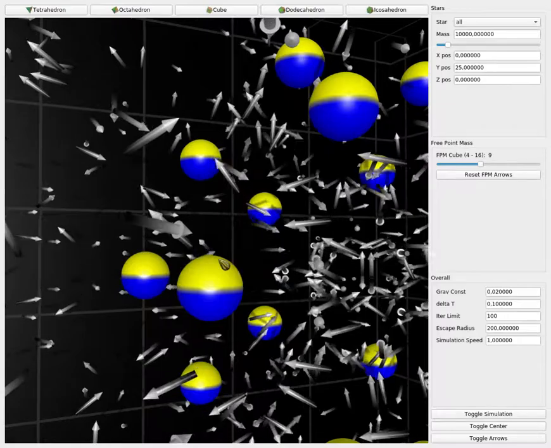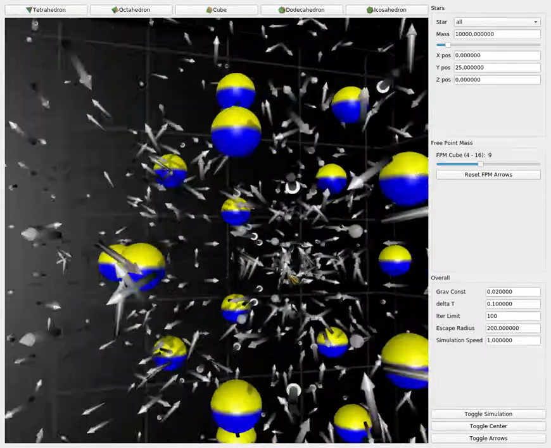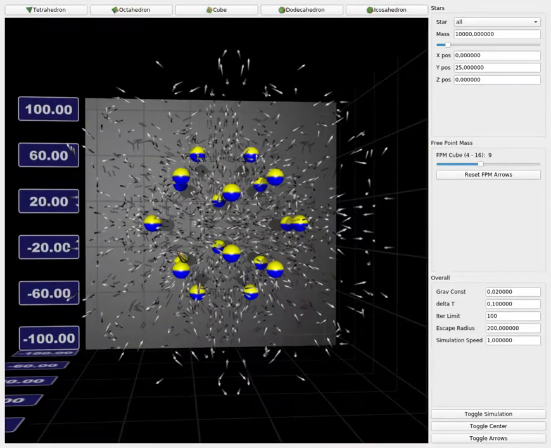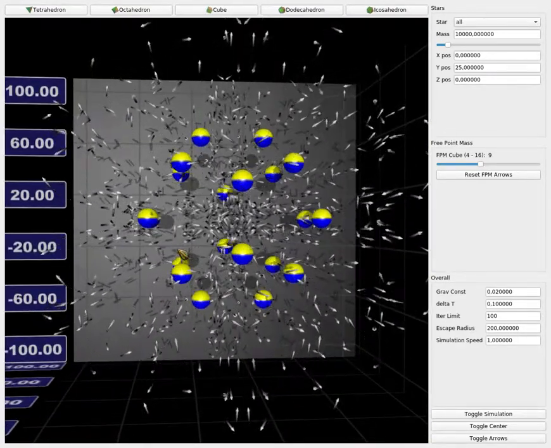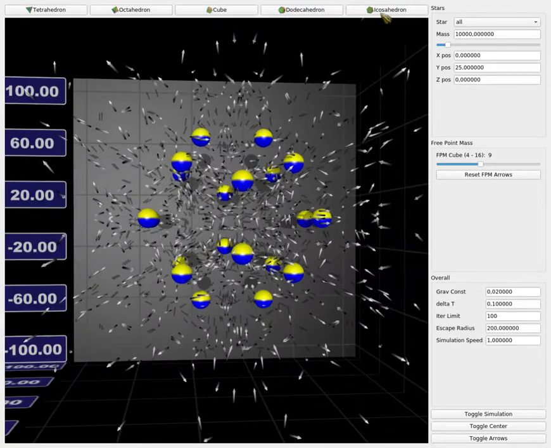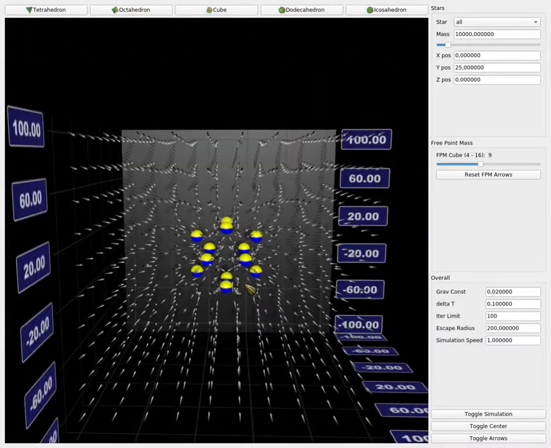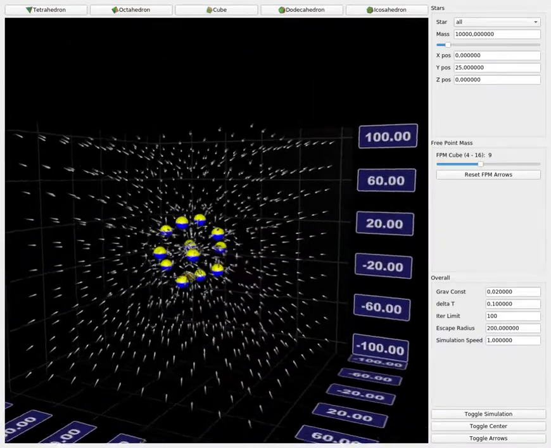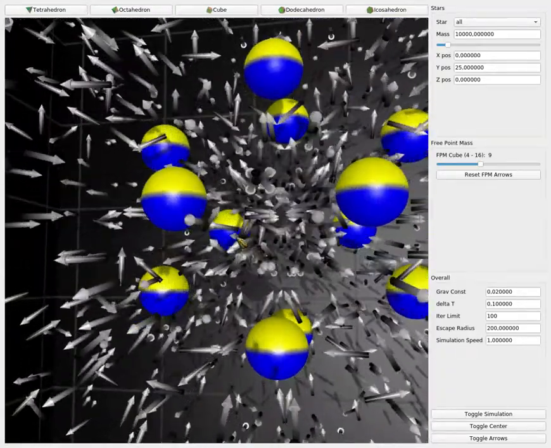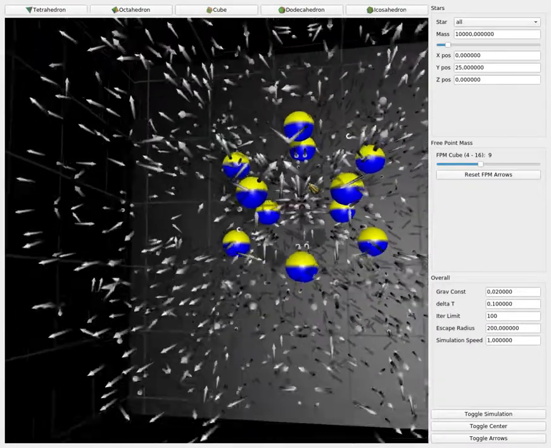But even here, there's interesting things going on. Okay, let's go to the icosahedron and reset. It's like a rain of arrows.